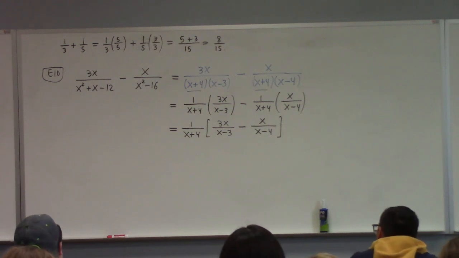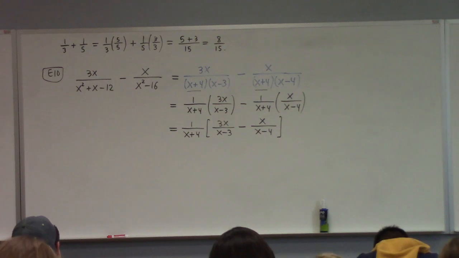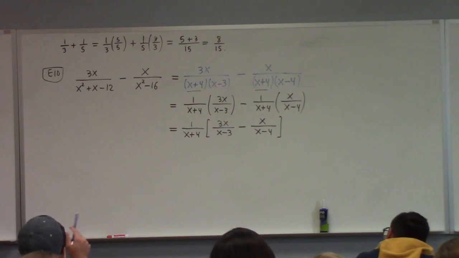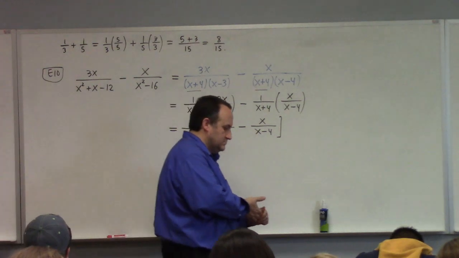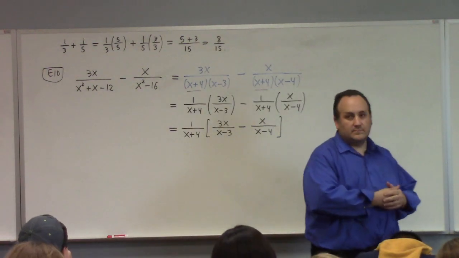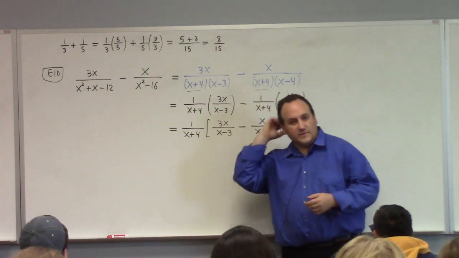You're still working on it? So we use the common x plus 4, distribute it out to both fractions. See, it's just factoring out 1 over x plus 4. Since it's in both places, I can use the distributive property.